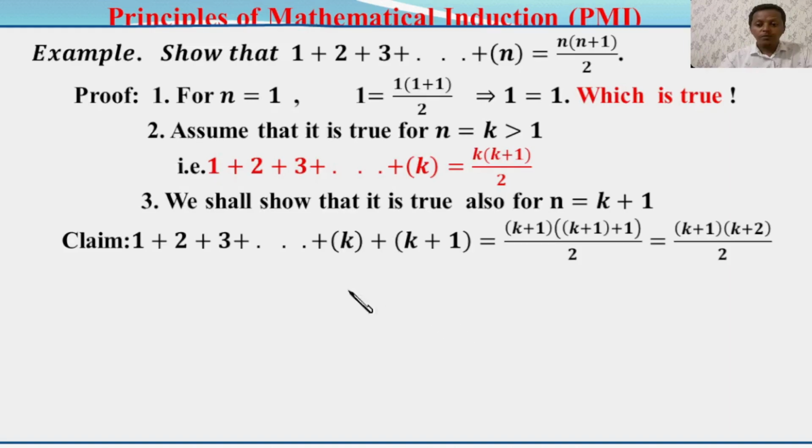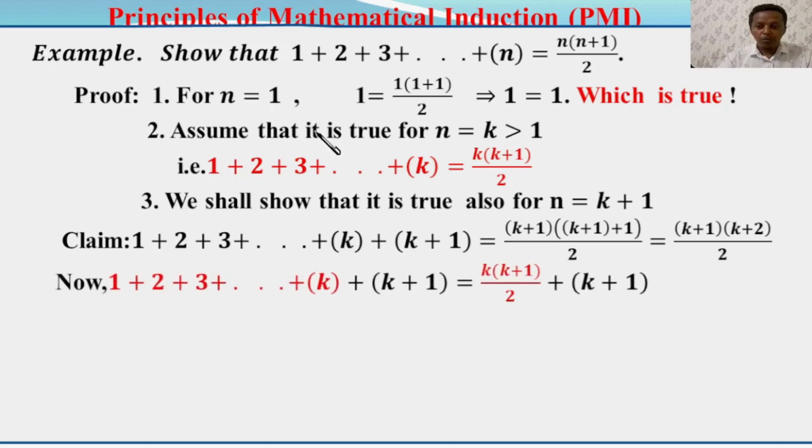So in the third step, we are claiming the sum of the first k plus 1 natural numbers is equal to (k plus 1) times (k plus 1 plus 1) over 2. So in the second step, we assume that the sum of the first k natural numbers is equal to what? k times (k plus 1) over 2.